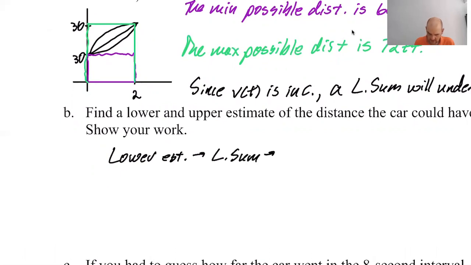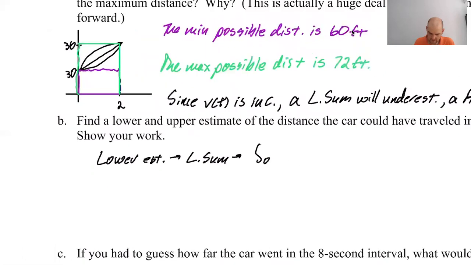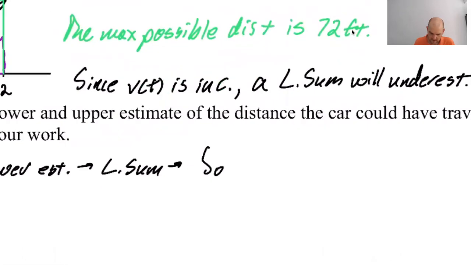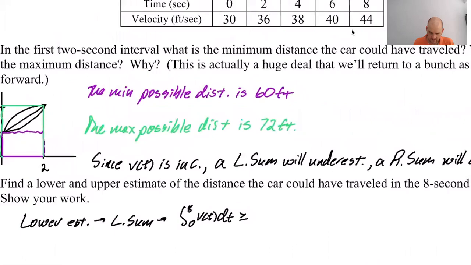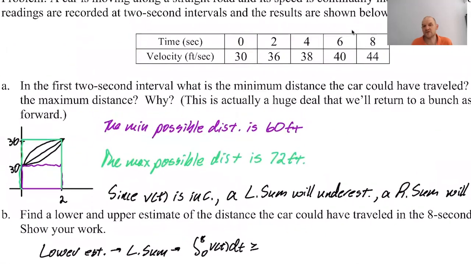So that's going to be the integral from 0 to 8 of v of t dt, which is greater than or equal to, because it definitely is. So what are we doing? A left sum. Let's get into how I really do these.